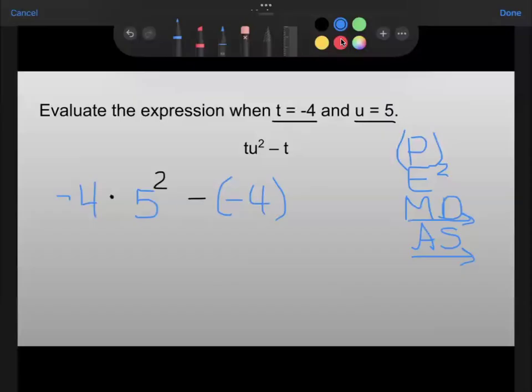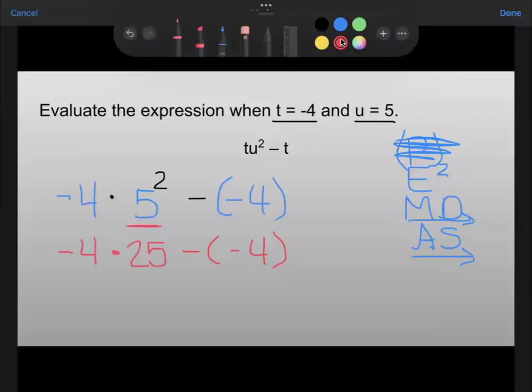So there's not actually an operation to do in there. So we're going to skip that part. We don't need to do anything there. The exponent is the one that we have next, which is right here. And that is 5 to the second power. Well, 5 to the second power is 25. So I'm going to go ahead and put that in here. So we have negative 4 times 25 minus negative 4 is what we have left.